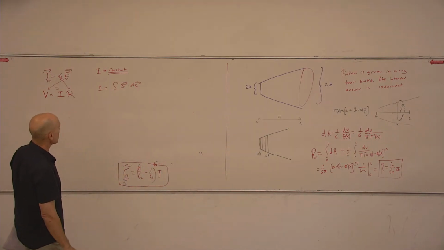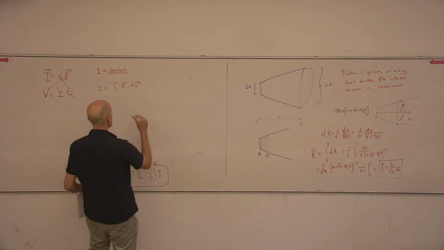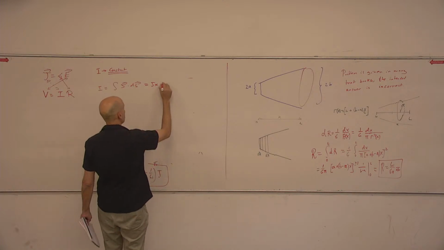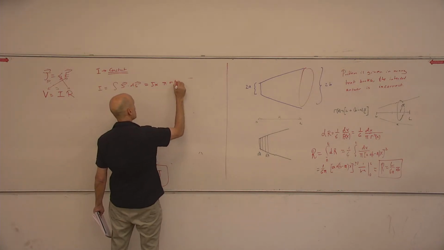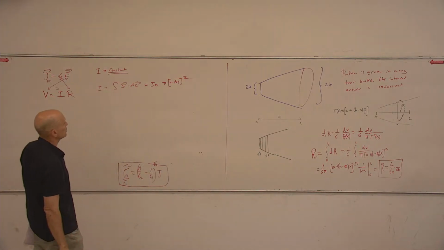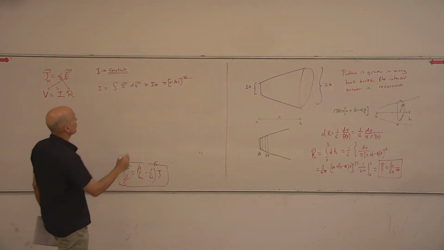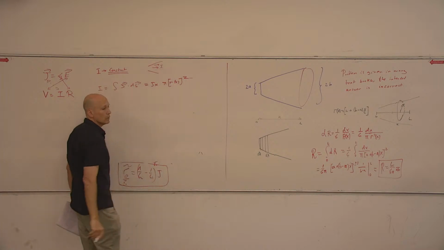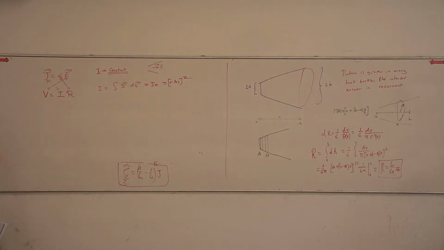But if it's a constant, then this is equal to some j of x times pi r x squared, which is similar to what we had here before. So here, all the current is assumed everywhere the same. It's just one current.